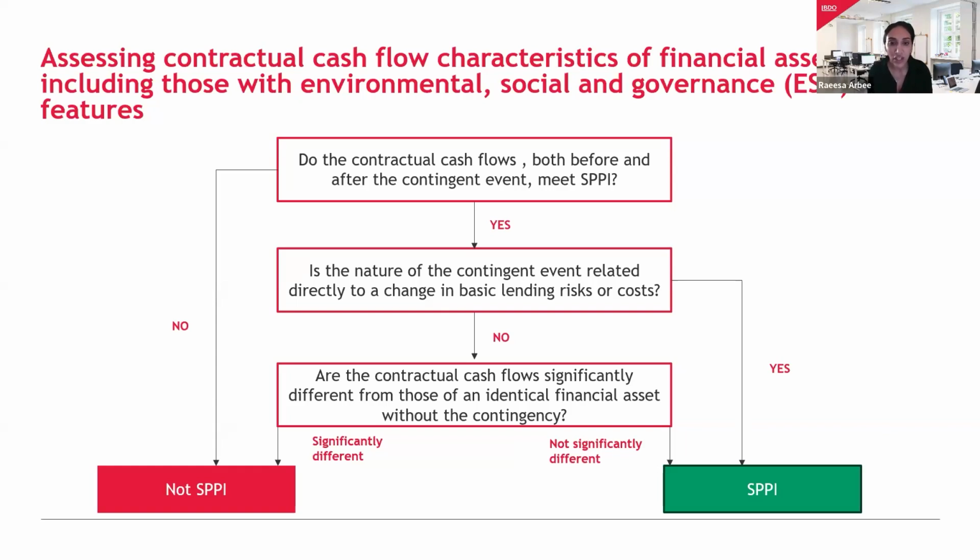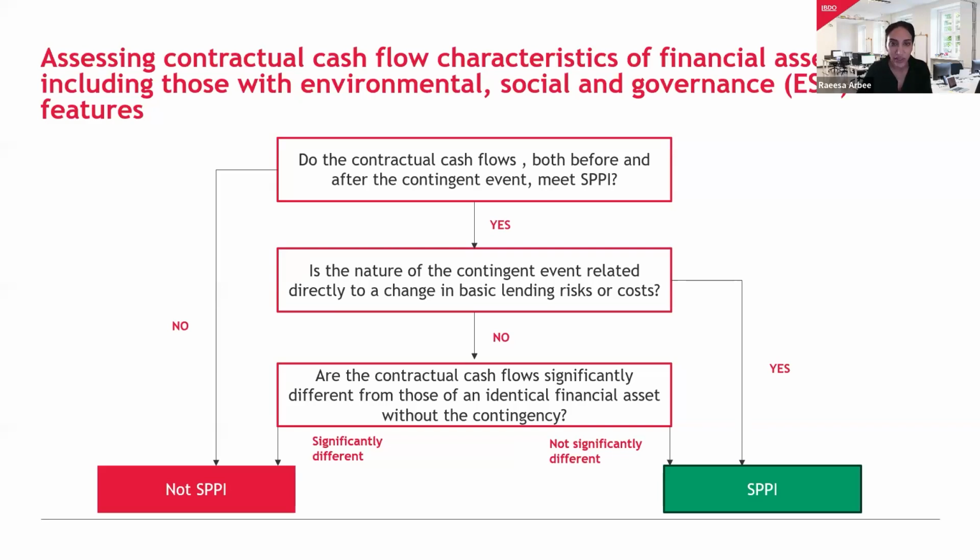So under the amendment, certain financial assets, including the one we've just chatted about, could now still meet the SPPI criteria, provided that their cash flows are not significantly different from an identical financial asset without such a feature. So that's a lot, but in determining whether the cash flows are significantly different or not, there are really three questions that you can ask yourself, and those are listed in this decision tree on the slide.